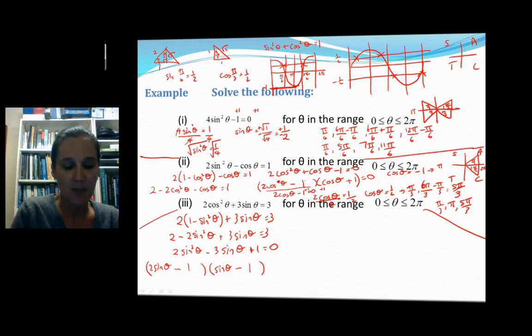Here we're going to get minus sine theta, and minus 2 more sine thetas is minus 3 sine theta there. So we have, again, 2 different solutions.